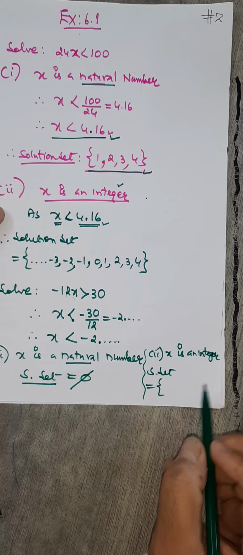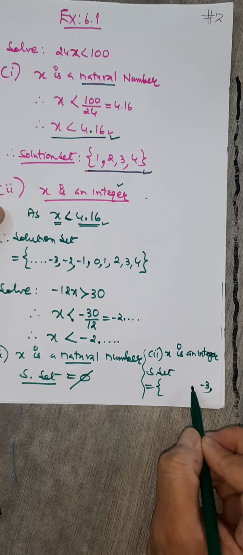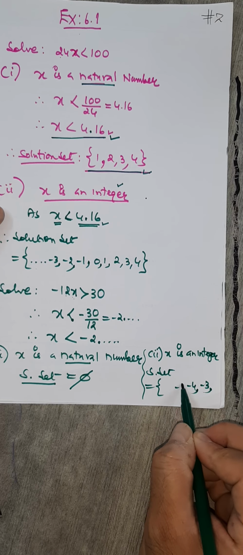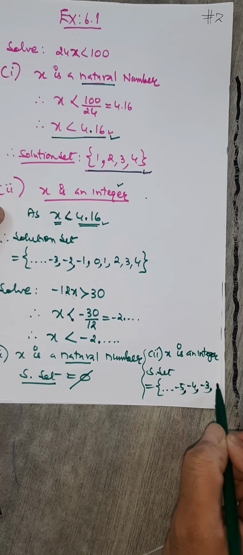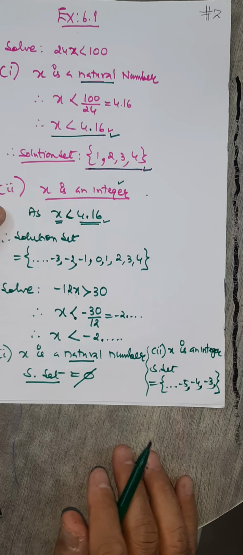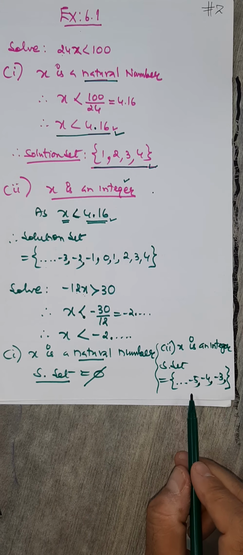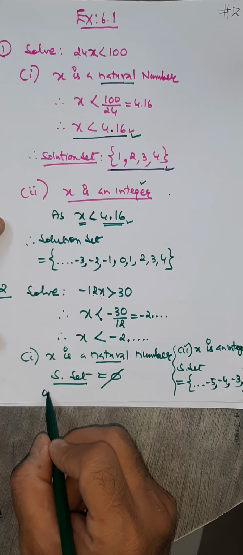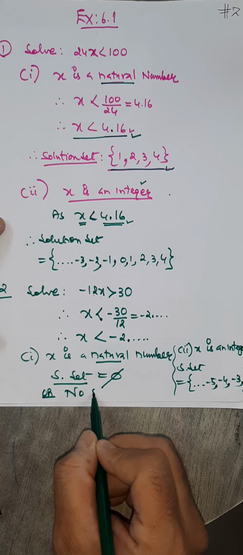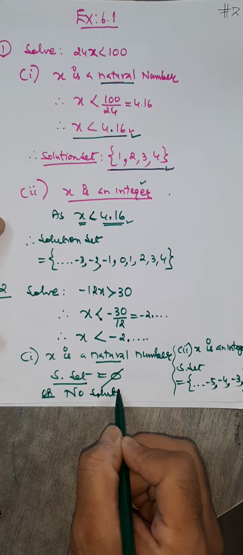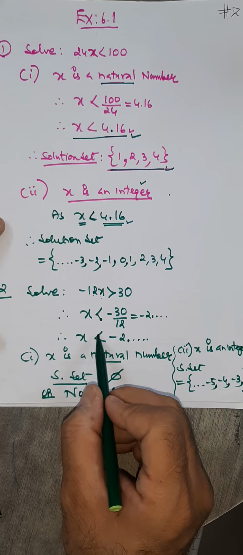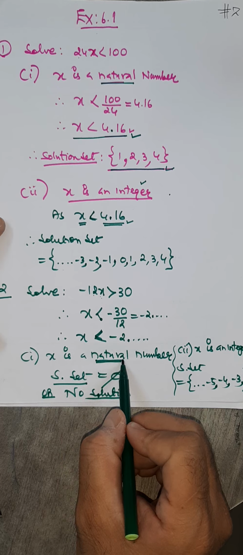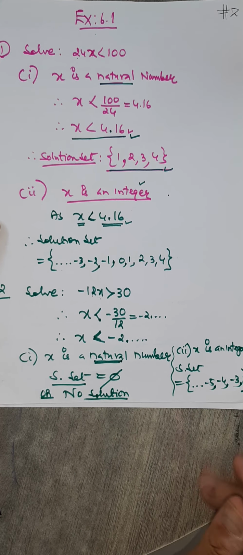That is minus 3, then minus 4, then minus 5 and so on. Less than minus 2. So these are all integers. So this is a solution set. Your solution set is empty, or you can say no solution. There is no x for which that is a natural number and less than minus 2. That's quite obvious.